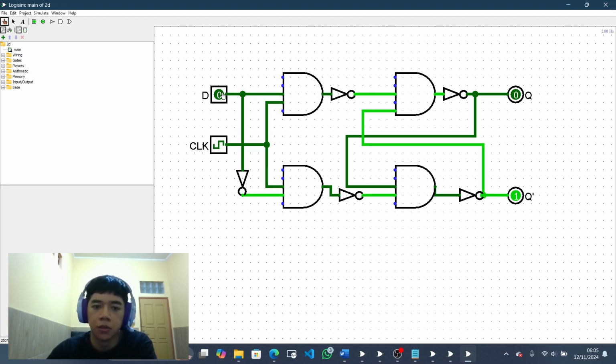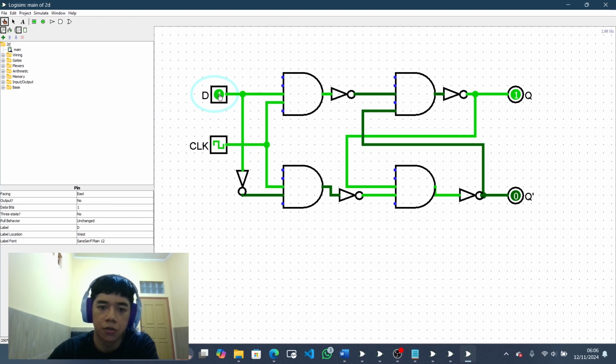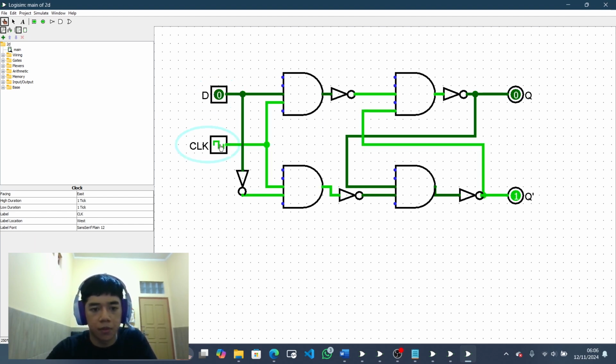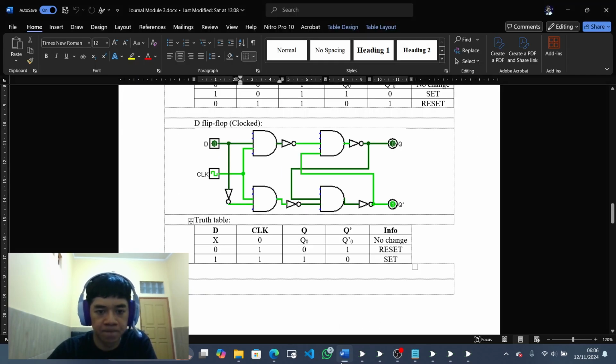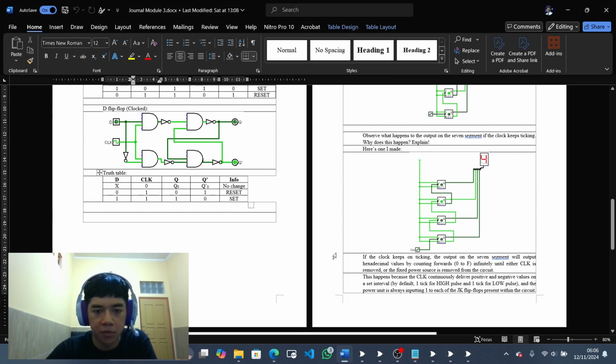So we can just flick this up to switch between set and reset. That's a simple explanation, really. So when the clock is stopped and I set it down, it won't be able to change anything. So that's basically it.